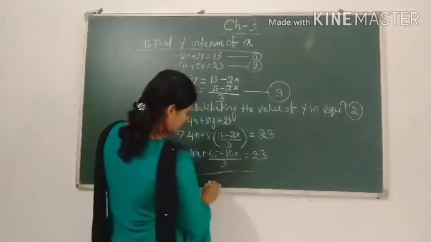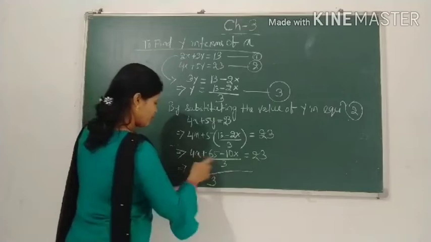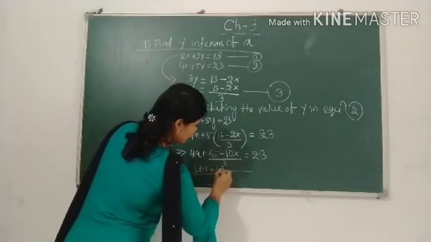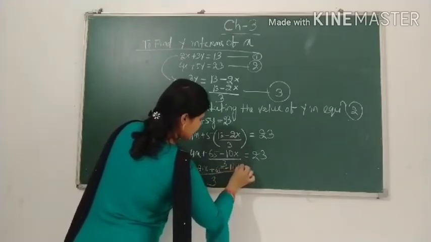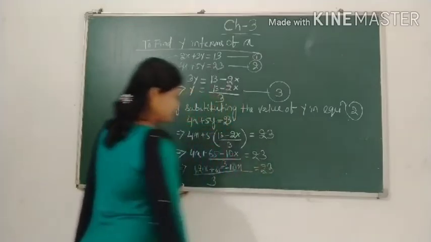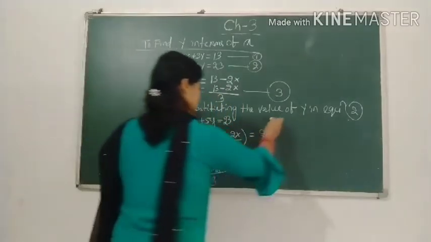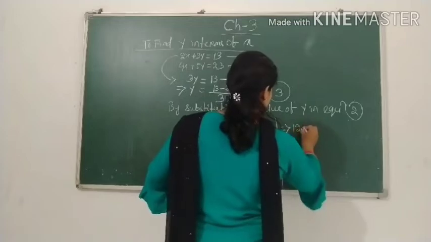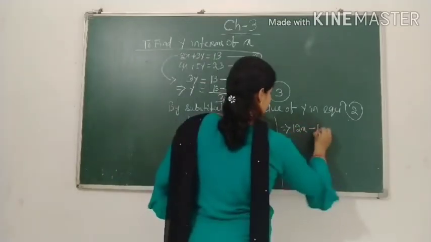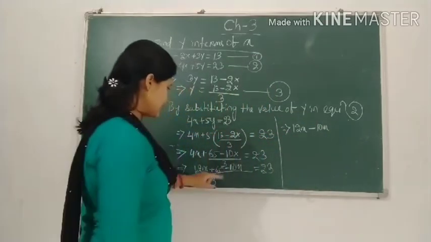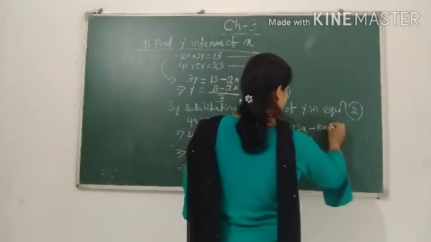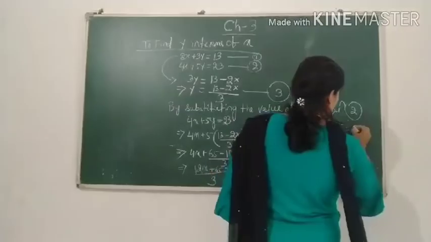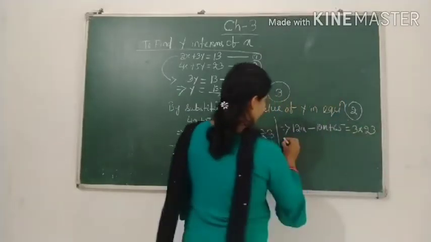Again take the LCM 3. 4 threes are 12, so 12x plus 65 minus 10x is equal to 3 into 23.